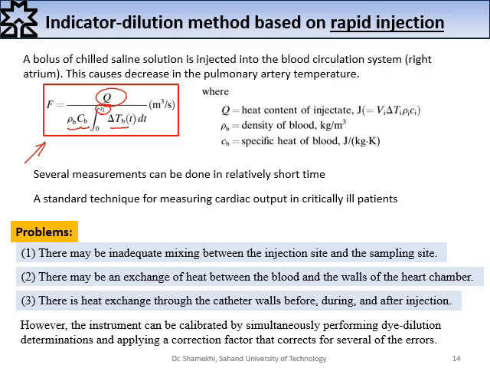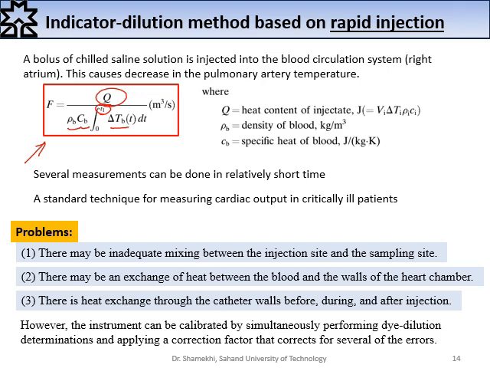Several measurements can be done in a relatively short time. This is a standard technique for measuring cardiac output in critically ill patients, and it is a good method, but it has some problems. There may be inadequate mixing between the injection site and the sampling site.